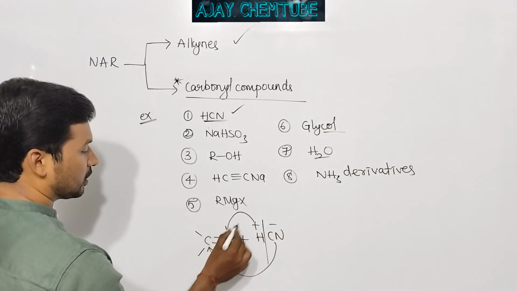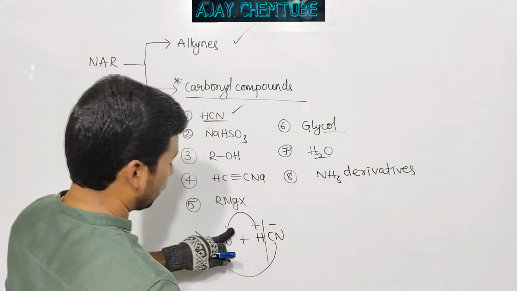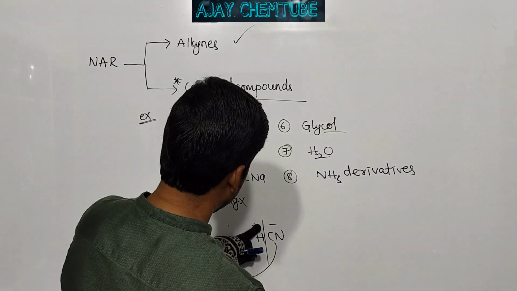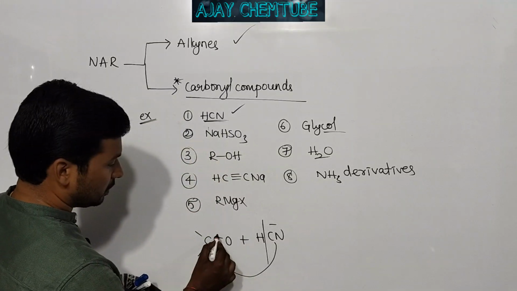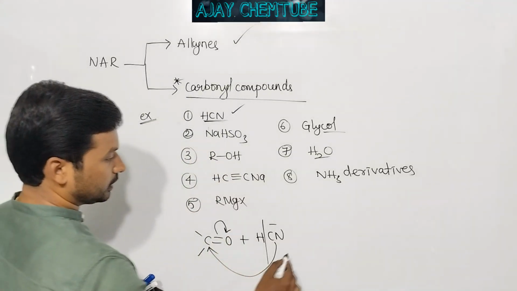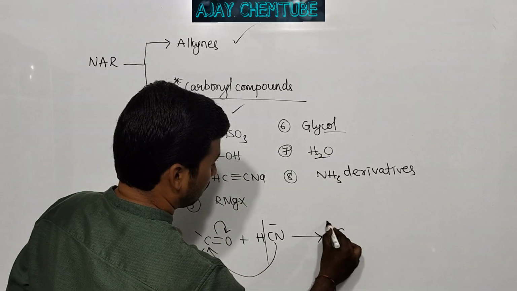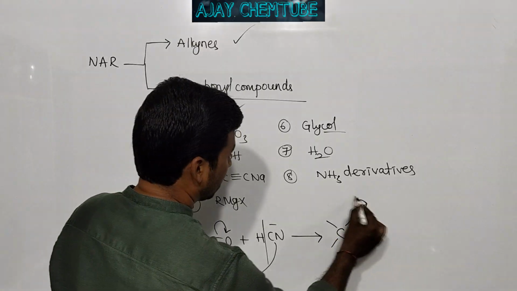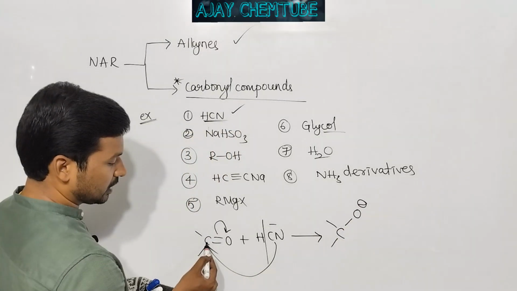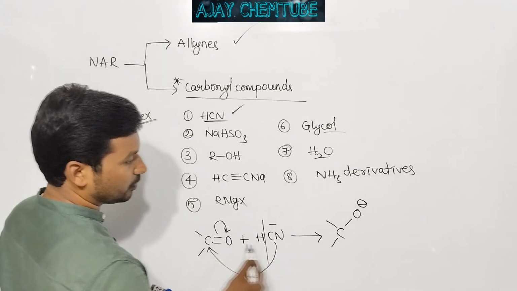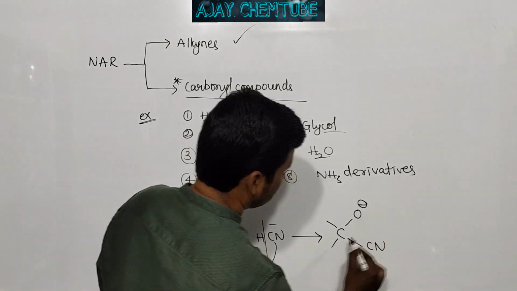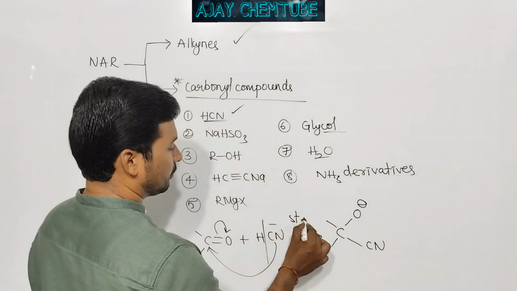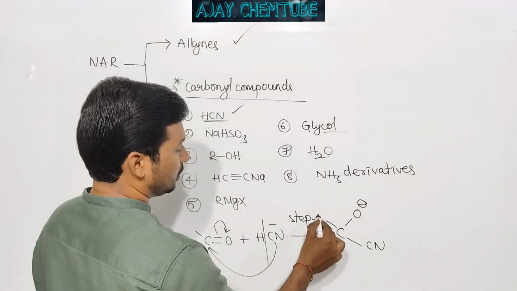In the first step, bond polarization takes place like this. The double bond becomes a single bond and oxygen becomes negative by shift of pi electron. This carbon becomes positive. On the positive carbon, cyanide is added. This is step 1, a slow step.